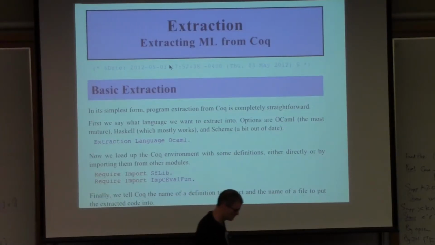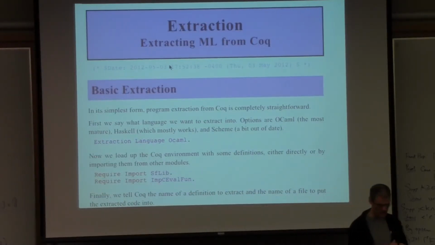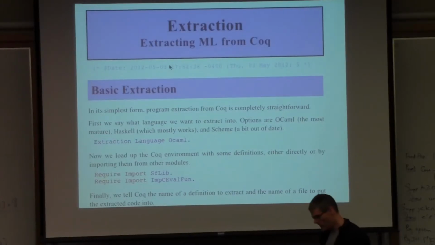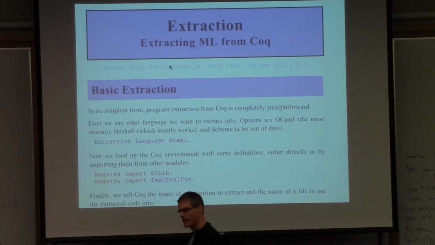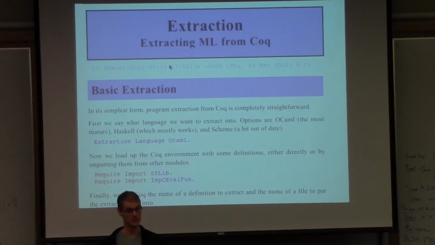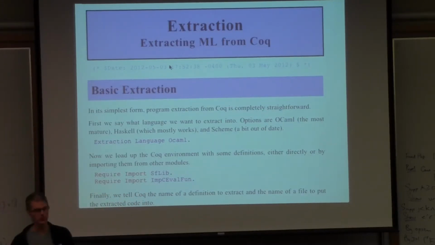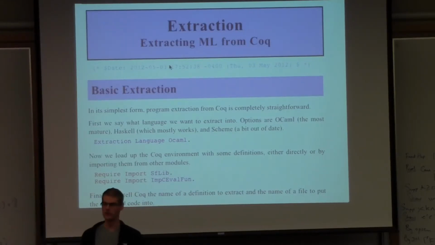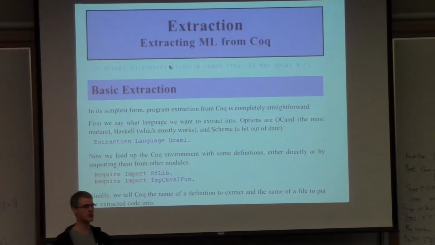Now, coming back to type versus prop. The main reason why in Coq there is this distinction between type and prop is in fact extraction. There are some other reasons, but one of the big reasons historically is that the Coq developers have been interested in extraction.